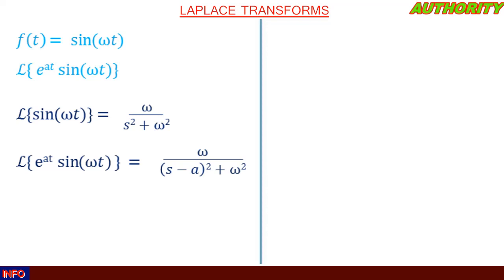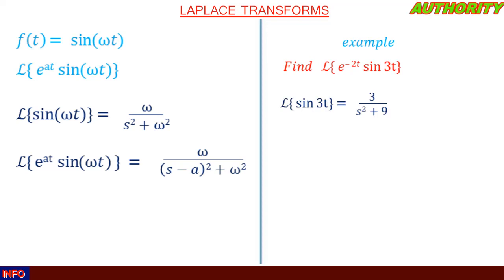Good. Now let's see. We are to find the Laplace transform of e raised to the power of minus 2t sine 3t. We are asked to find the Laplace transform of e raised to the power of minus 2t sine 3t. How is it going to look like? Now let's go. First of all, let's find the Laplace transform of sine 3t.